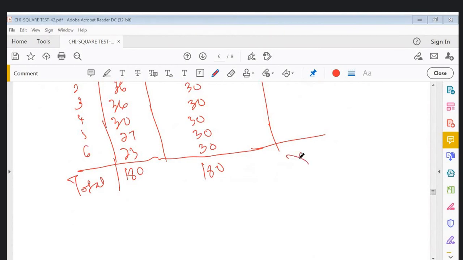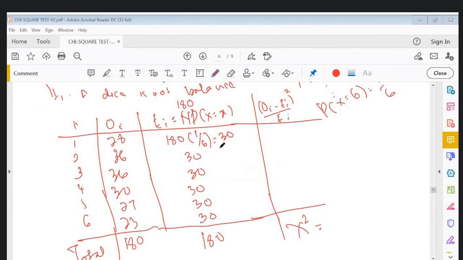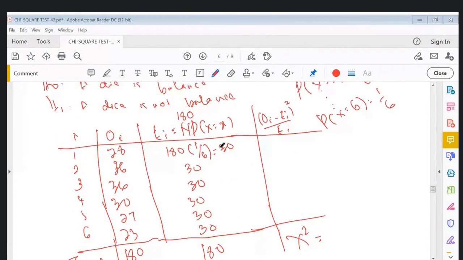Okay, try to find what is the chi-square value.